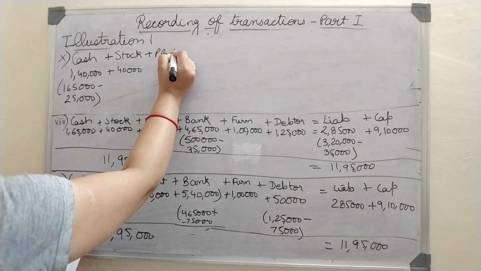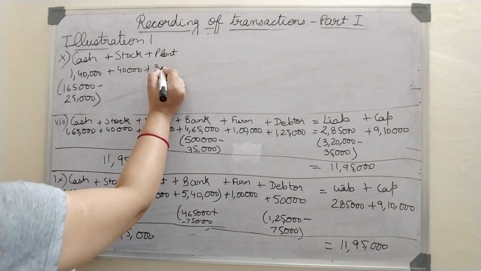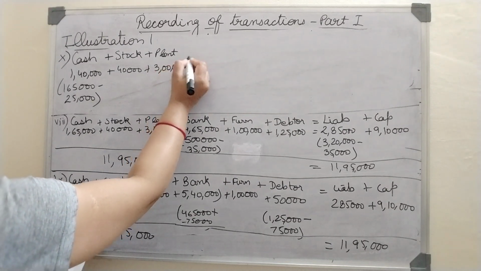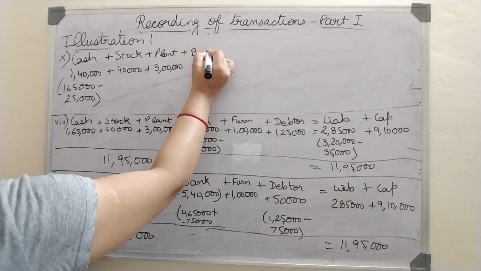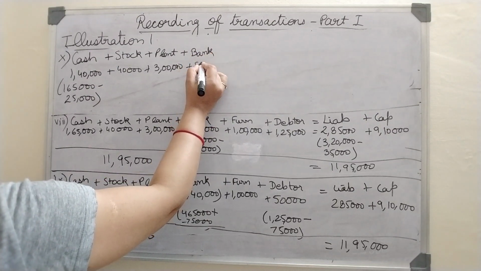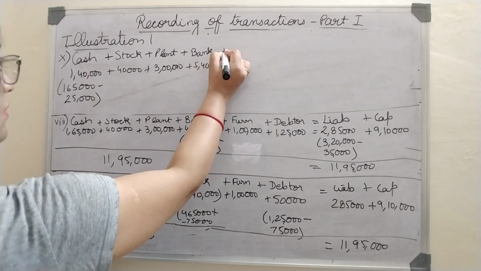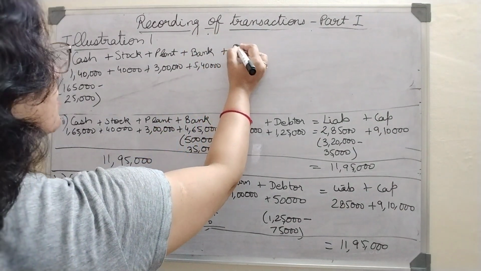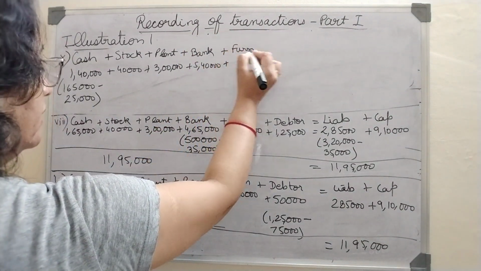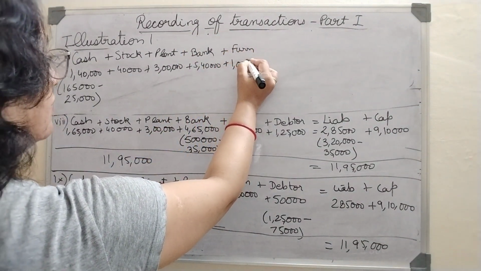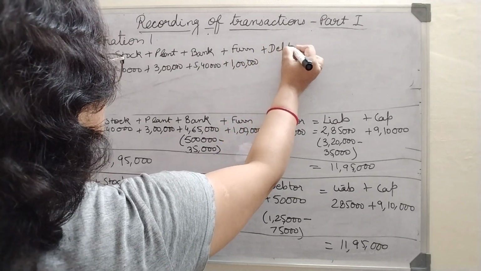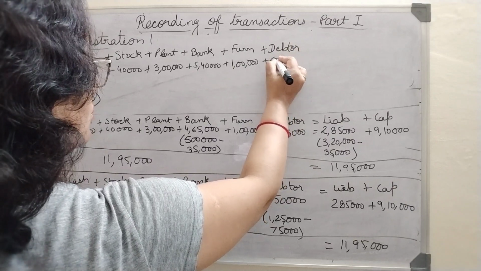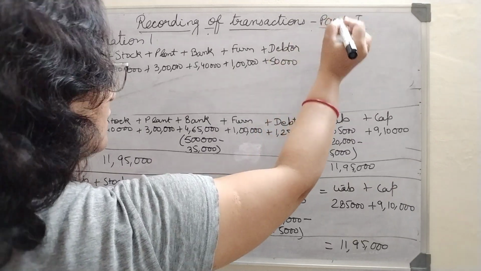Land 3 lakh plus bank 5,40,000 plus furniture, it comes to 1 lakh plus debtor, it comes to 50,000.